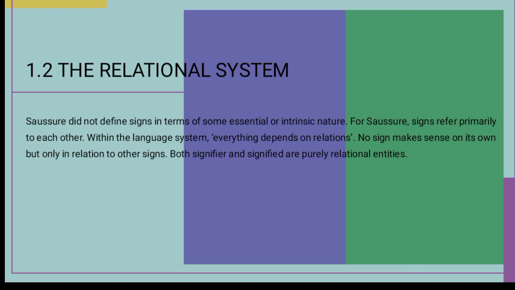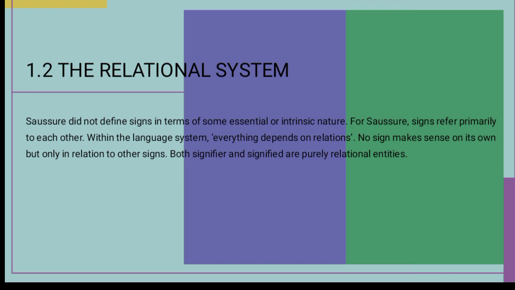Next, about the relational system. Saussure did not define sign in terms of some essential or intrinsic nature. For Saussure, signs refer primarily to each other. Within the language system, everything depends on relation. No sign makes sense on its own but only in relation to the other signs.